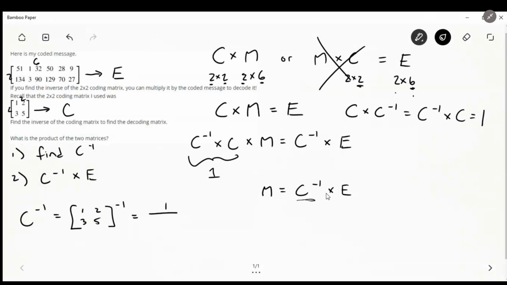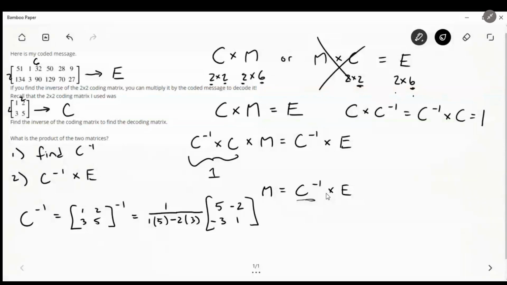You have AD, which is in this case 1 times 5, minus BC, which is 2 times 3, times, you swap A and D, and then you negate B and C.